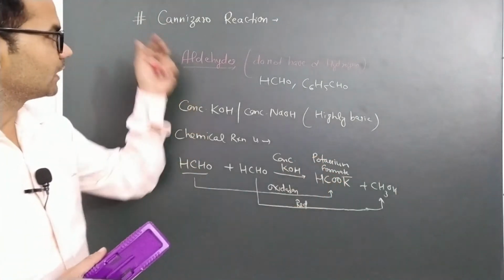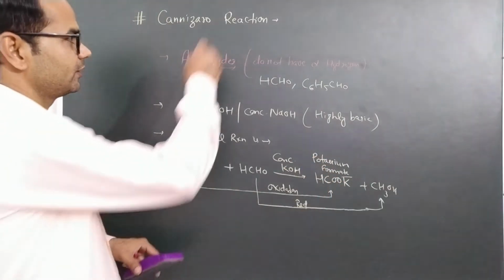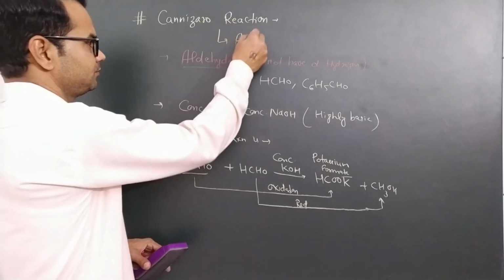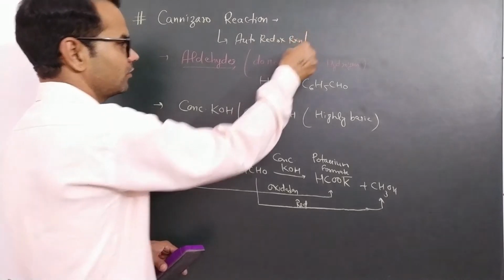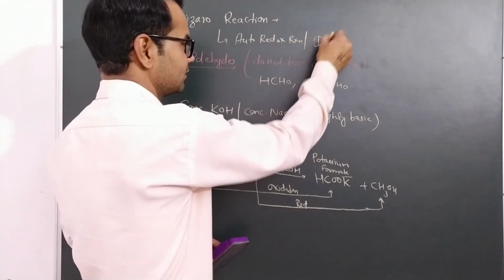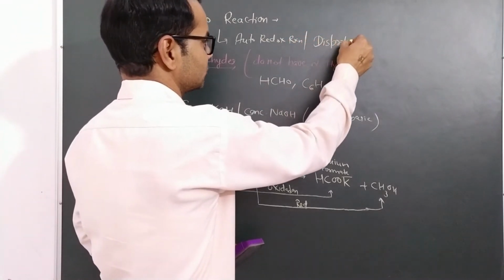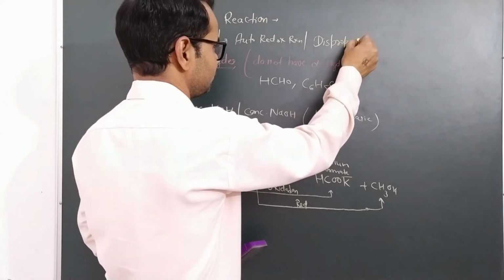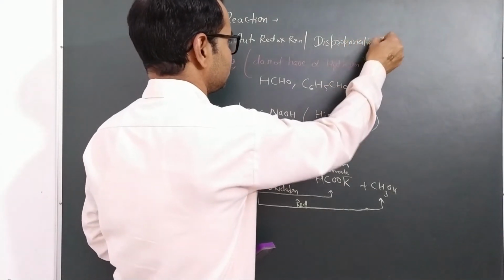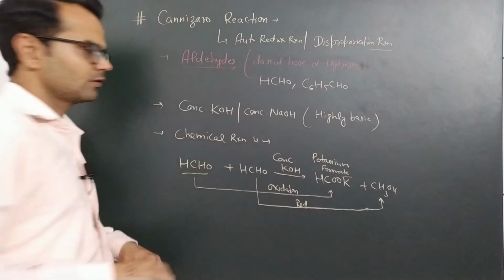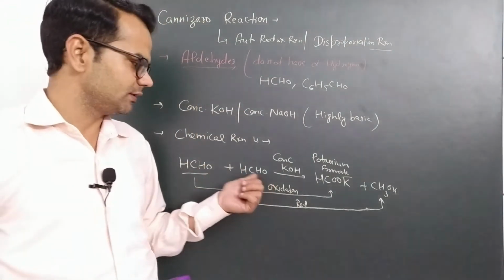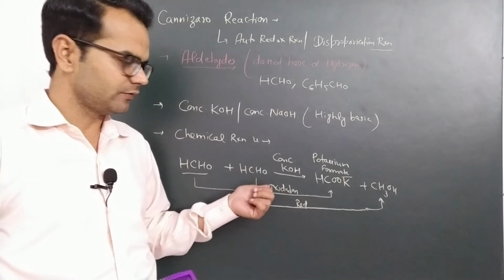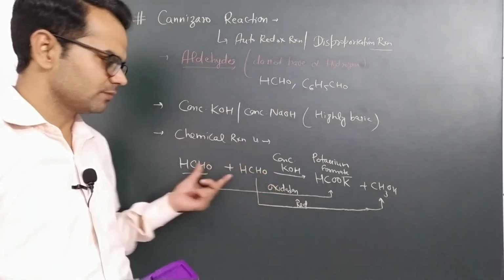So Cannizzaro reaction is simply an auto-redox reaction, or we can say a disproportionation reaction. Auto-redox reaction means oxidation of one molecule and reduction of another molecule, but the molecules must be the same.